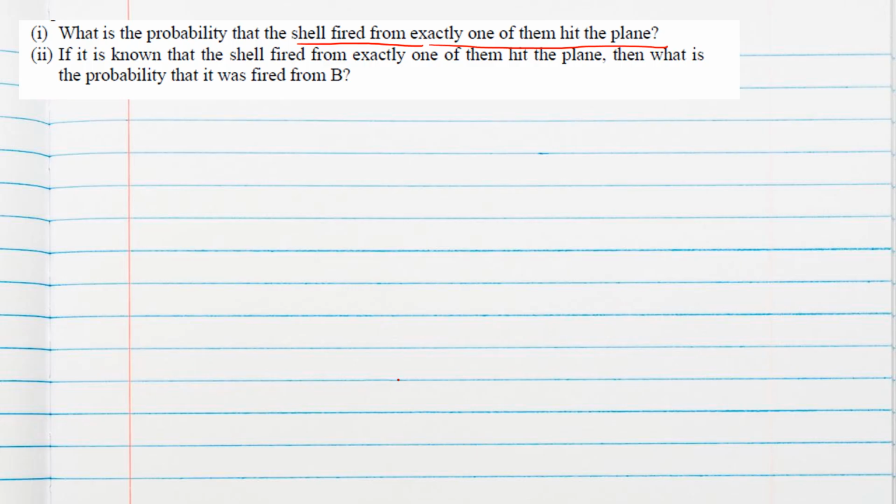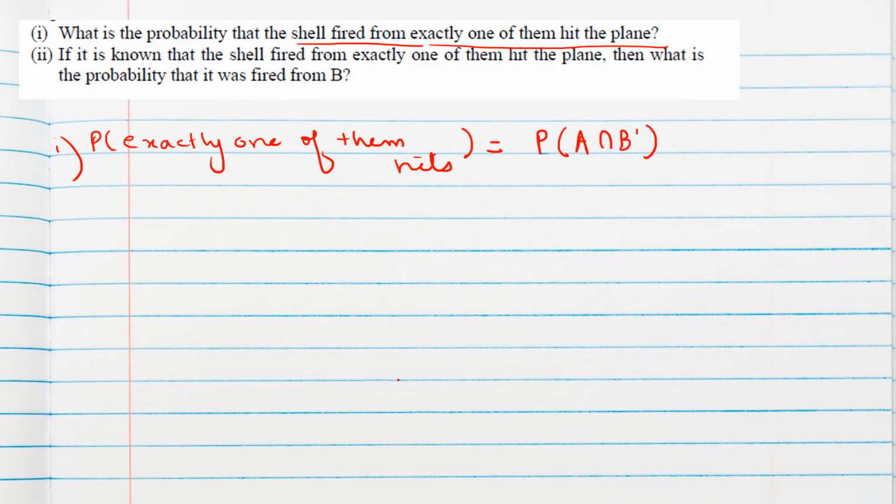So the probability that exactly one of them hits: we can say probability of A but not B, that means P of A intersection B complement. That A is hitting the plane but not B. It's not clearly mentioned which one, so either A can hit or B can hit.